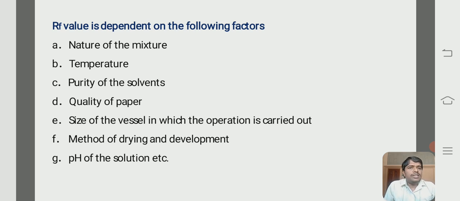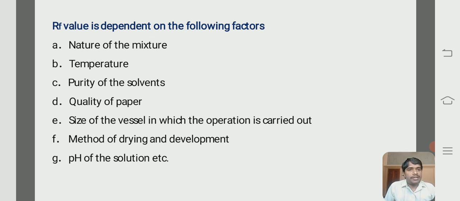RF value is dependent on some factors. Nature of the mixture, which type of mixture you are going to take for the separation, and the temperature at which you operate this technique, and the purity of the solvents. It also depends upon the quality of the filter paper.